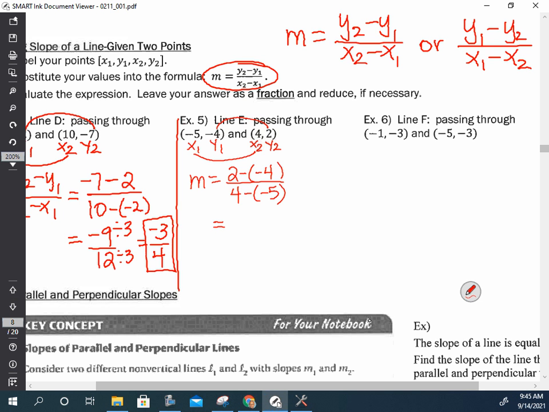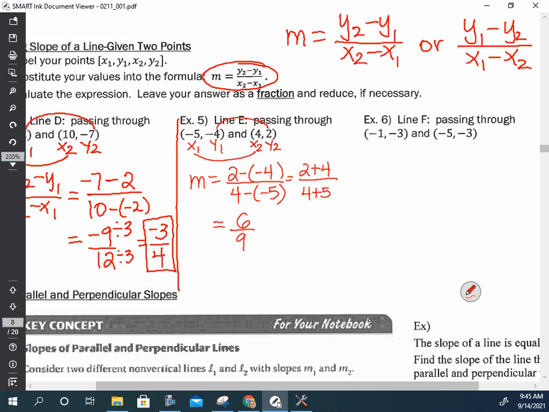So 2 minus -4 is 6. Remember, two negatives next to each other turn to a positive.